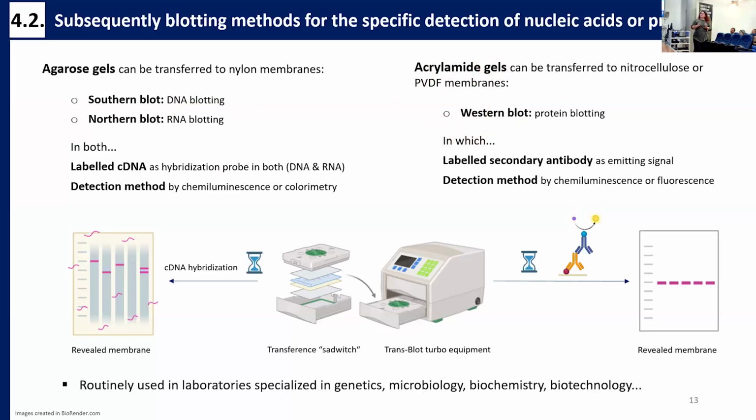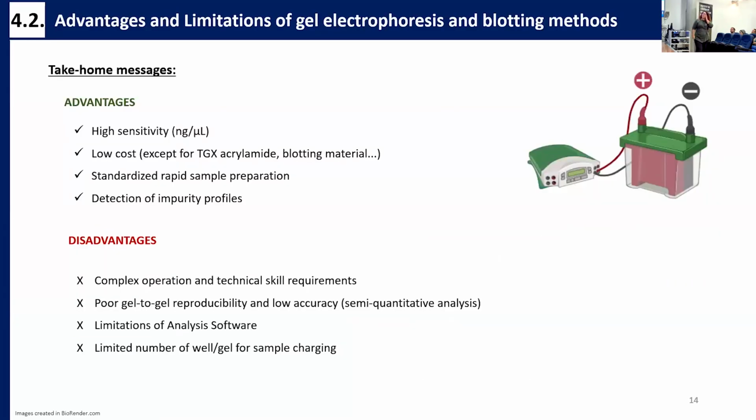In general, these procedures are based on the transfer of the electrophoretic bands from the gel to a membrane, and then after hybridization with complementary radiolabeled DNA or with marked antibodies, we can have a specific signal.